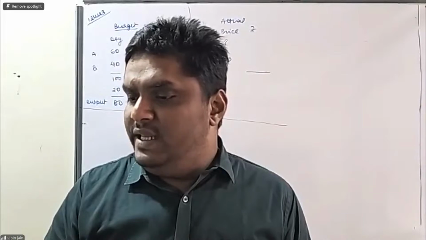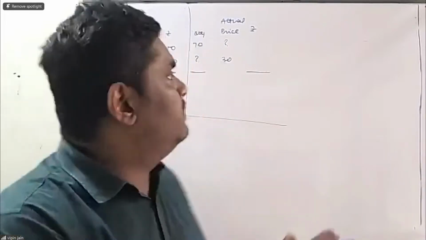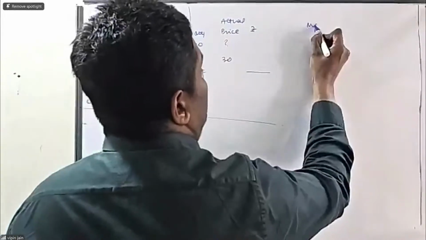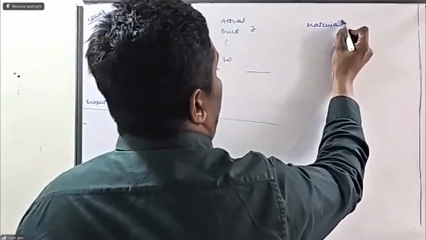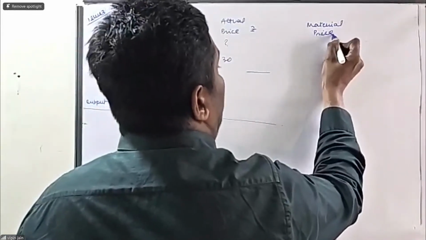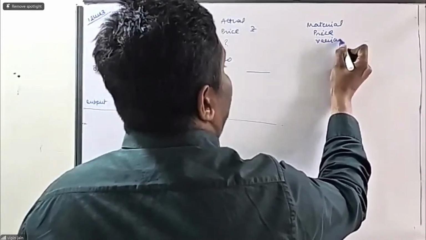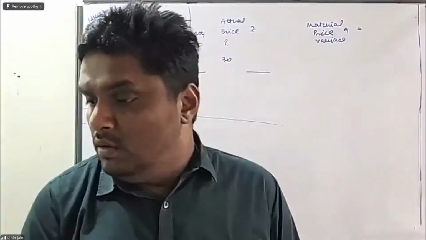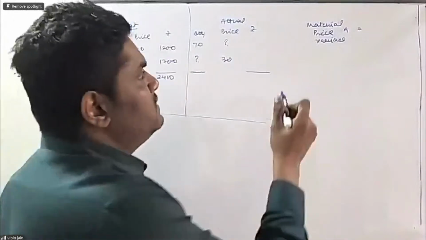Herein material price variance is given and cost variance is given. Material price variance of A is given as 105 adverse.